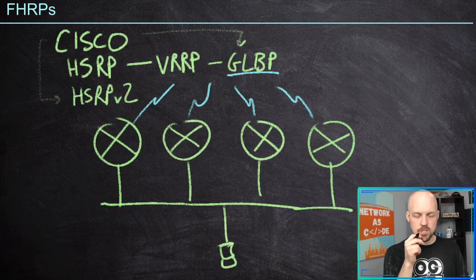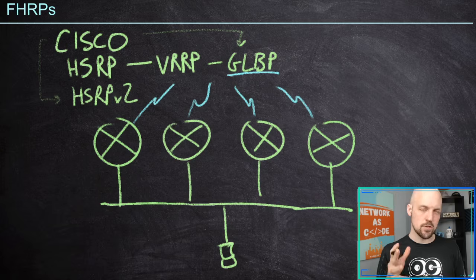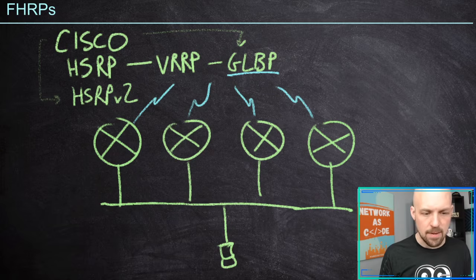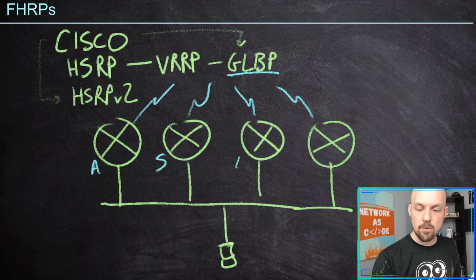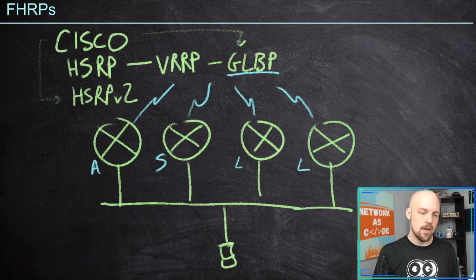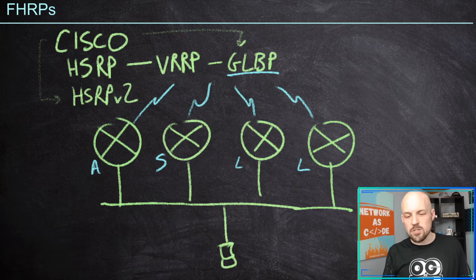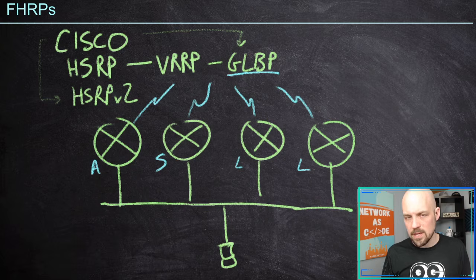And it's interesting because with HSRP and VRRP, first of all, we only support 2 routers in the active and standby state. All right, just to kind of cover HSRP real quick. In this scenario, we'd have an active router, we'd have a standby router, and we'd have 2 listening routers. The listening routers just can't get into a standby state because there's no room.